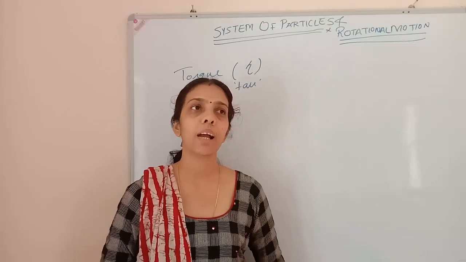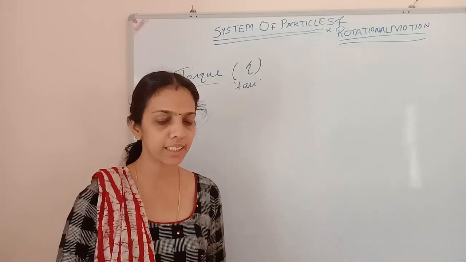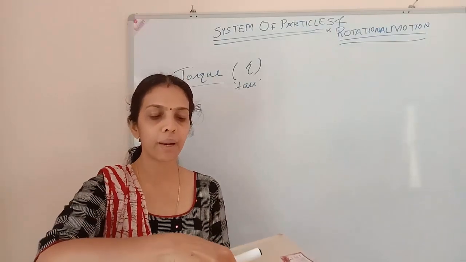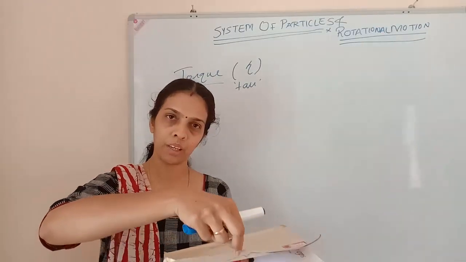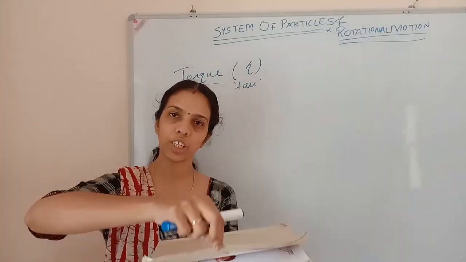Suppose we are turning the pages of a book. I am taking a book and applying a force here, which is helping it to rotate. This is rotational motion, isn't it?